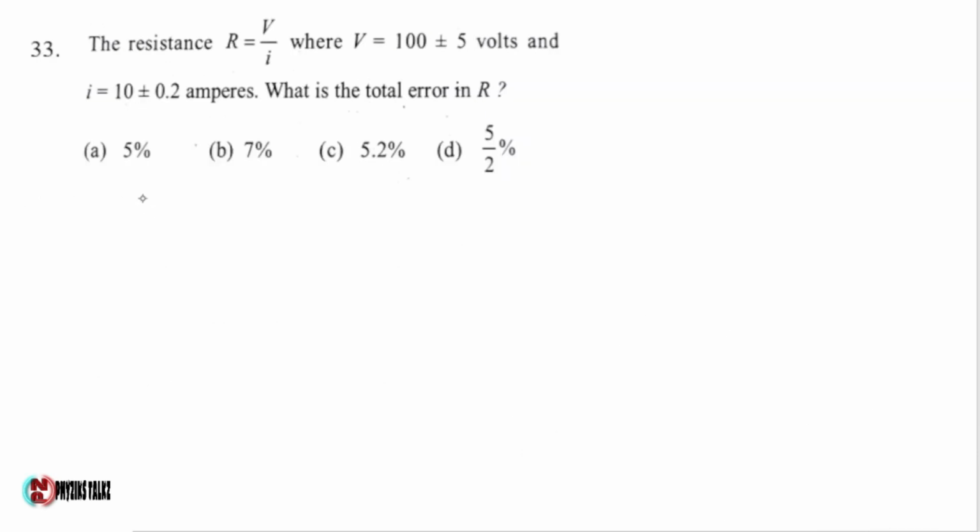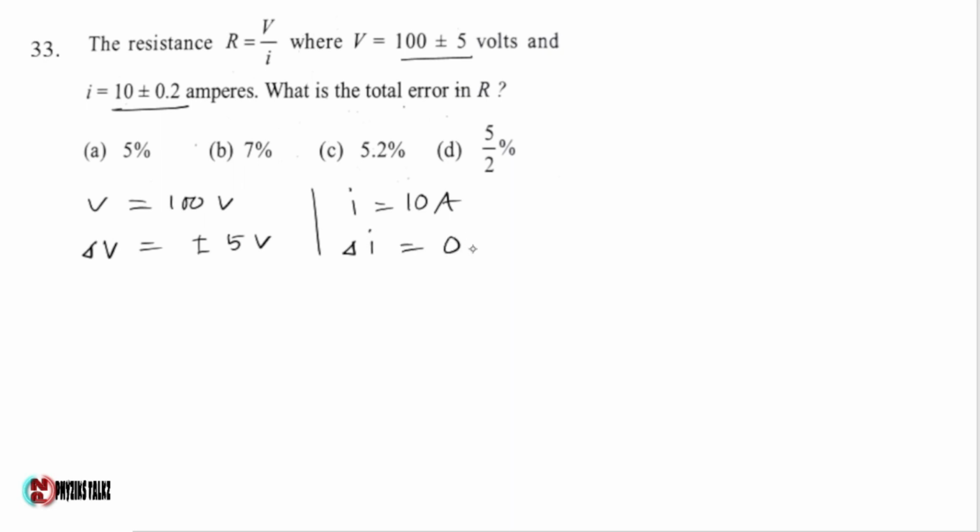Next question. Here resistance is given by V by I, where V is 100 plus minus 5 volt and I is 10 plus minus 0.2 ampere. So here V is 100 volts, error in voltage is plus minus 5 volt, current is 10 ampere and delta I is 0.2 ampere.